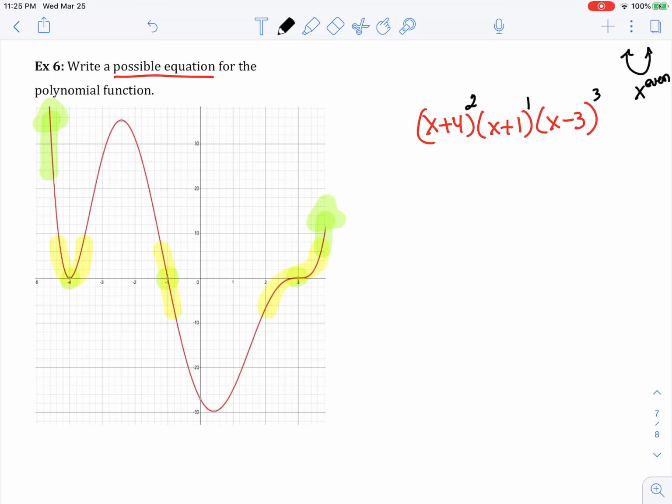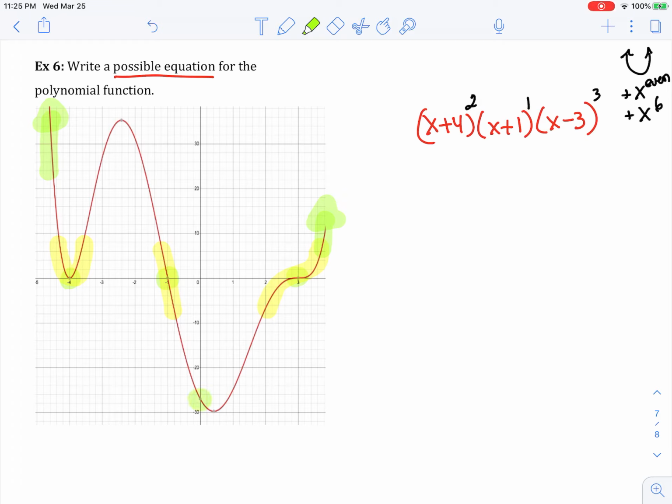And if we add 2 plus 1 plus 3, we're going to get an x to the 6. So what we have written is in agreement with the endpoints of our graph. We also know, because it's going up, that our a term needs to be positive.